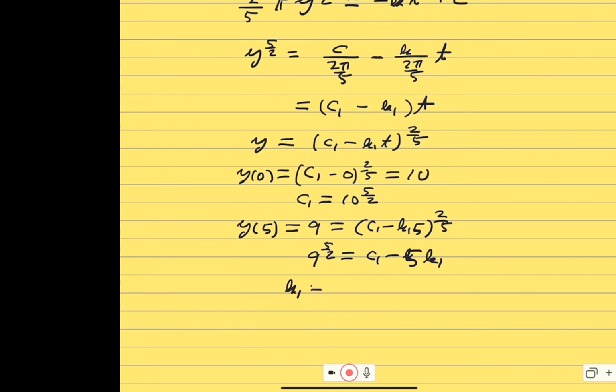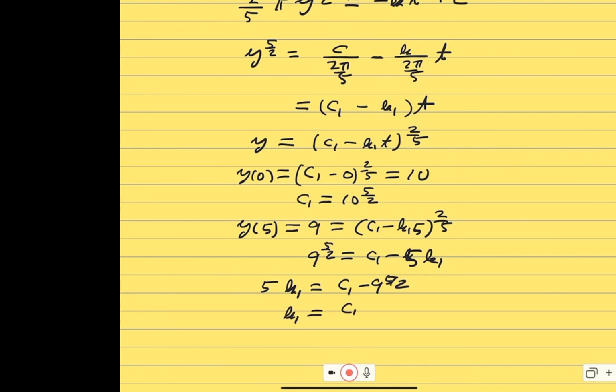So K1 is going to be, let's bring this over, 5K1 equals C1 minus 9 to the 5/2.